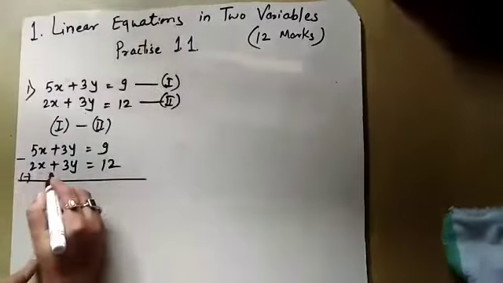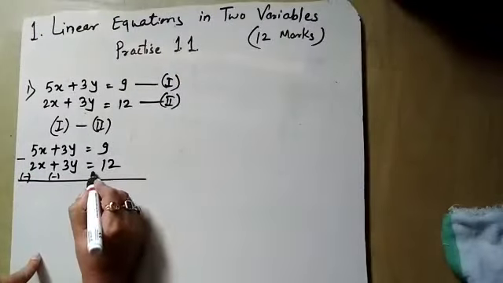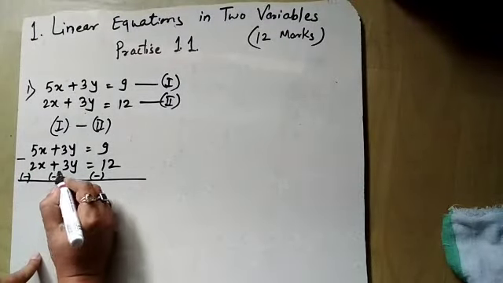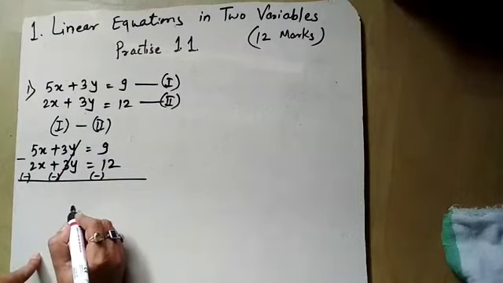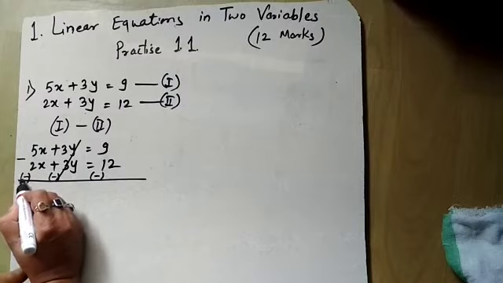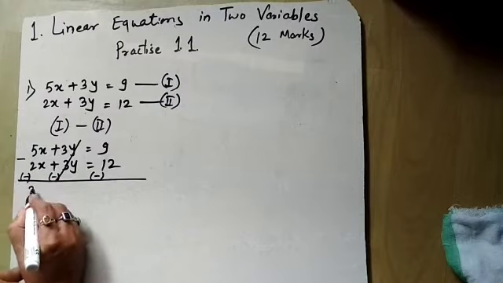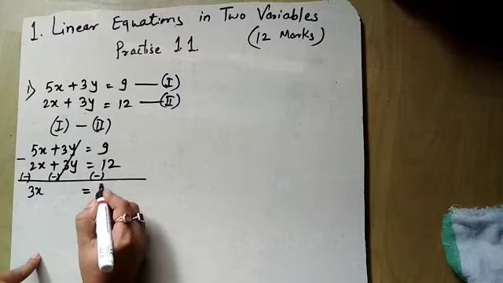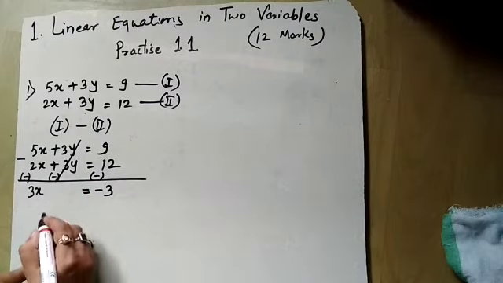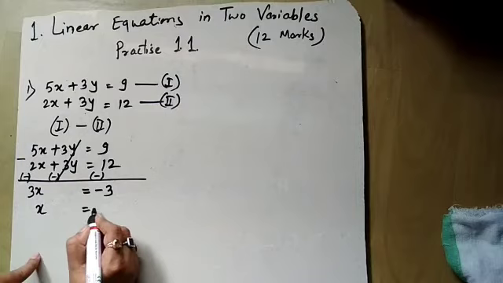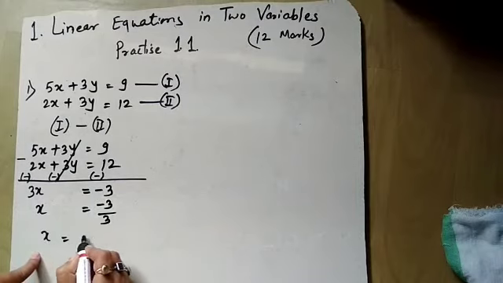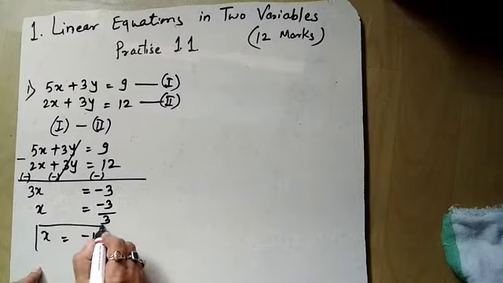This becomes minus, this becomes minus, this will also become minus. Because of this minus sign, the term 3y gets cancelled. 5x minus 2x will become 3x and 9 minus 12 will become minus 3. Now x is equal to minus 3 upon 3, x is equal to minus 1.